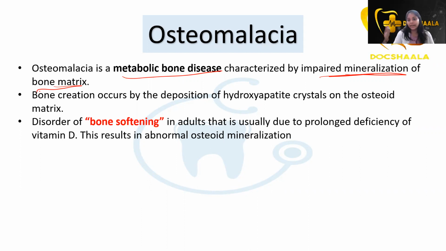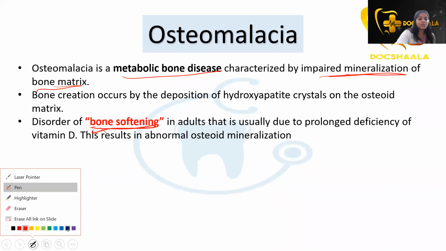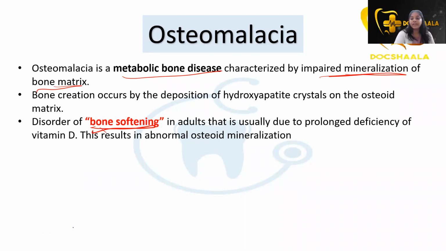When there is a problem in this deposition of hydroxyapatite crystals, there is impaired mineralization of the bone that results in bone softening. The bone becomes soft. That is when osteomalacia occurs.